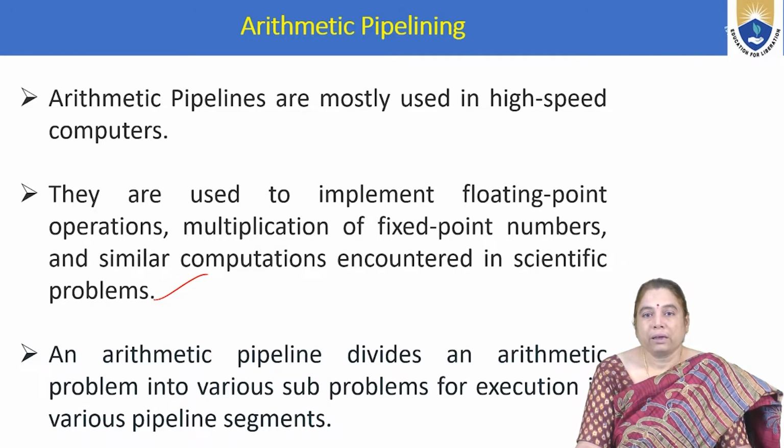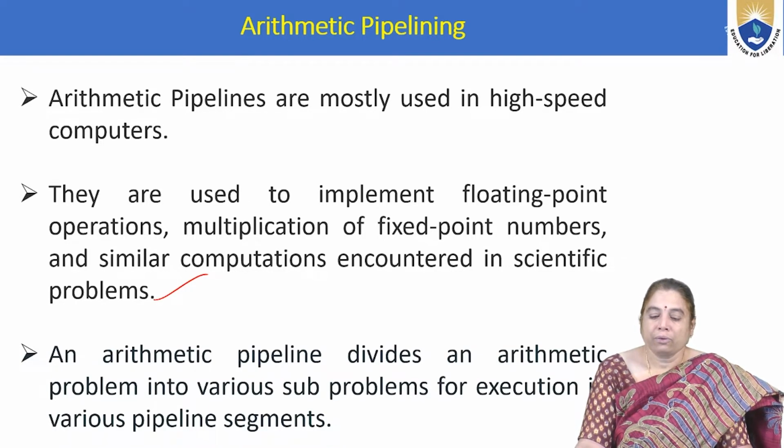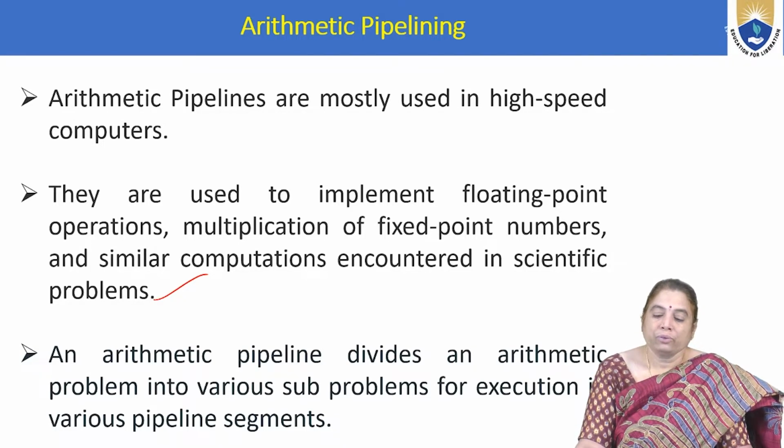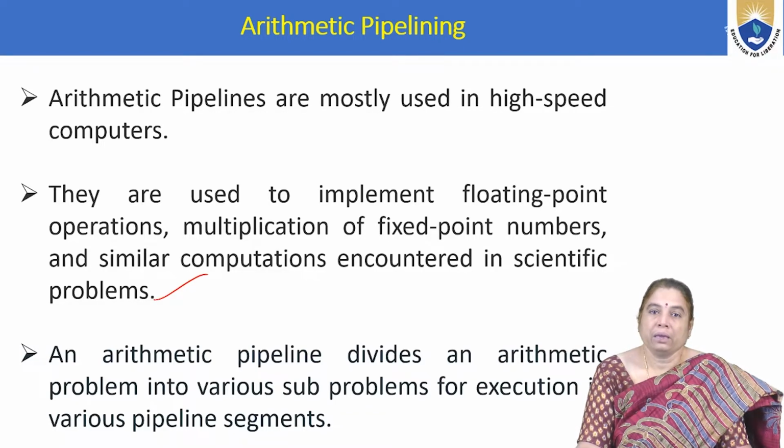So these types of applications generally involve complex arithmetic operations like floating point operations as well as multiplication of fixed point numbers. So these operations can be easily implemented with the help of arithmetic pipelining.